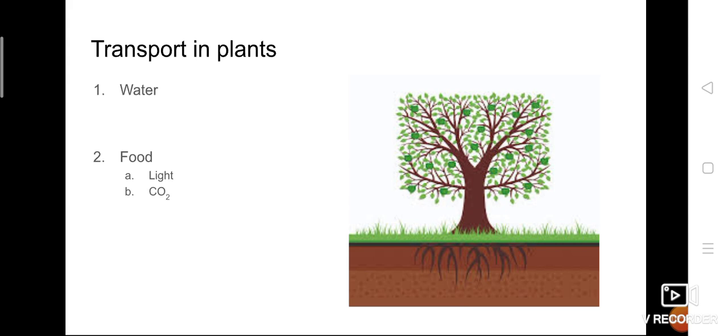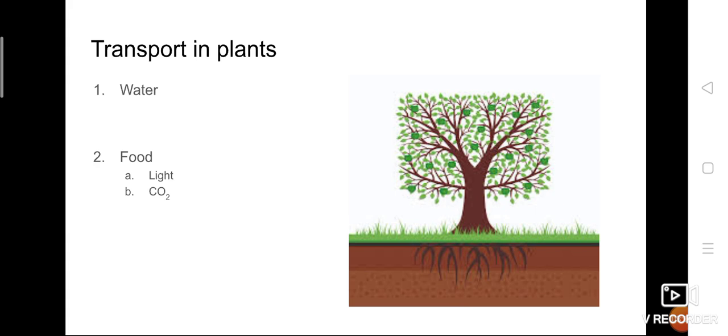Yes. Plants are preparing their own food with the help of photosynthesis. So that food is also needed by all the parts of the plant, isn't it? So the second important thing which needs to be transported is food.